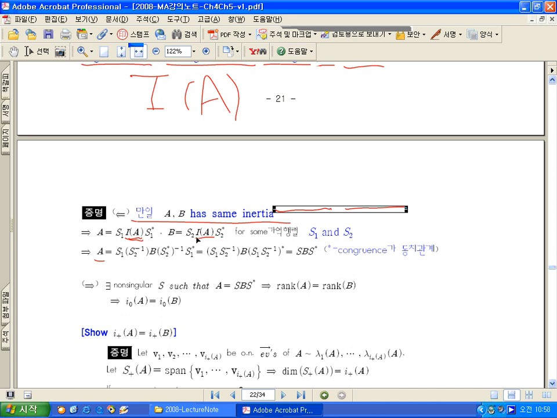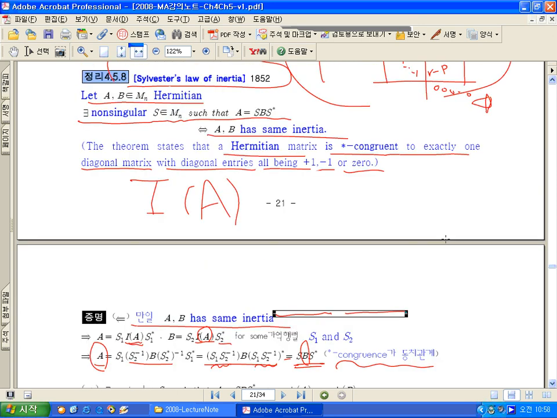I of A is non-singular, so it can be written in this way, and this is the same as this. And this we can write with one non-singular matrix S. Then you can write it as S B S star. Then A and B are star congruent, isn't it? Okay. So it has the same.